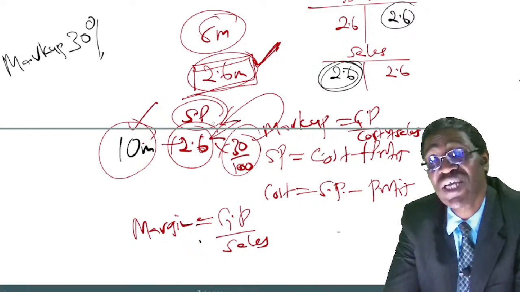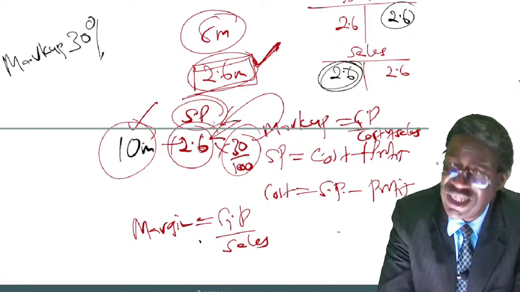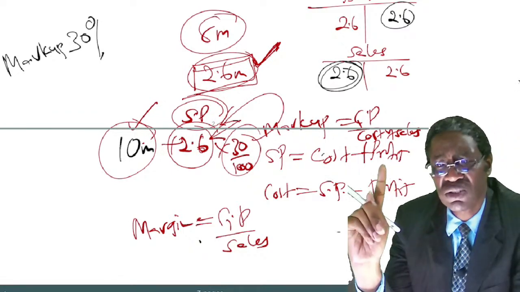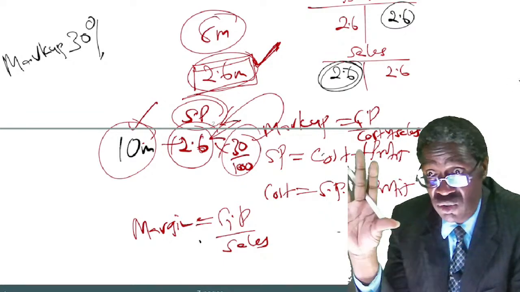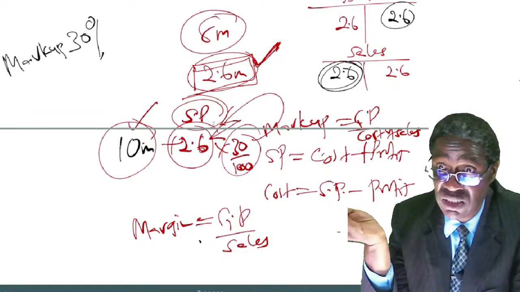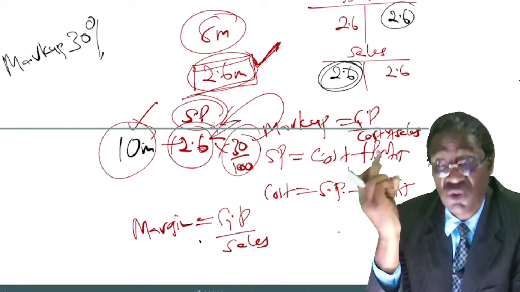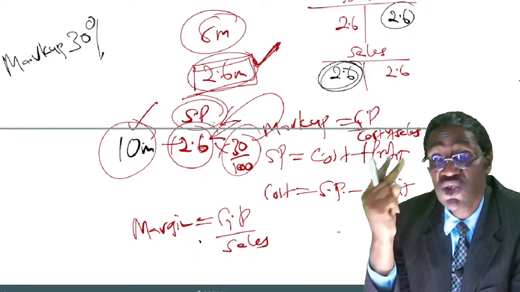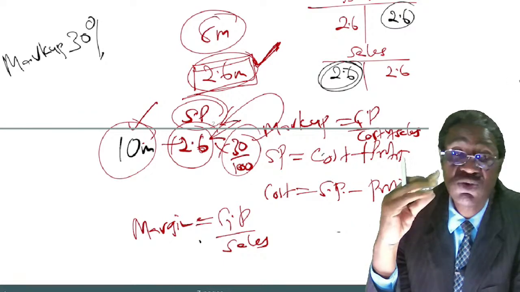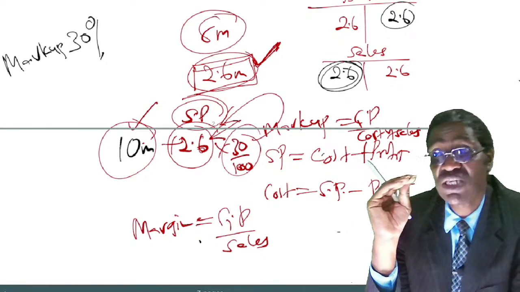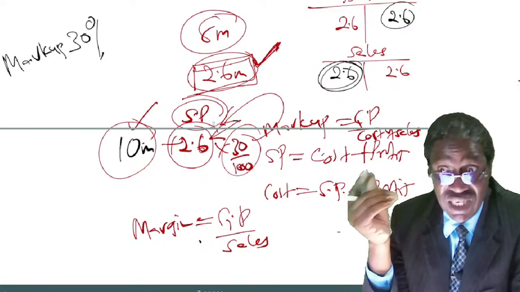If I get the margin and I know the selling price, I'll only be left with one unknown, the GP, which you can solve. With markup, you don't know the GP and you don't know the cost of sales, which leaves you with two unknowns.